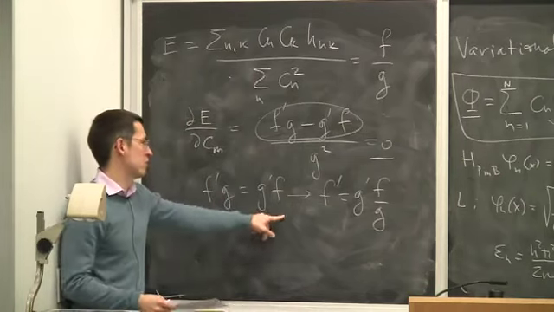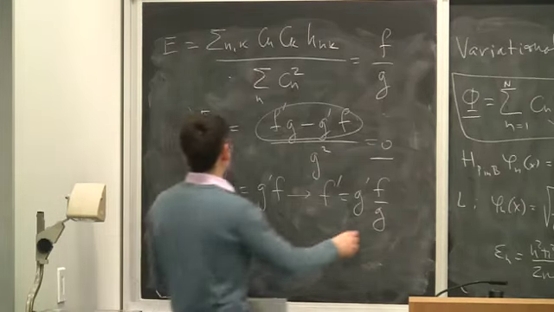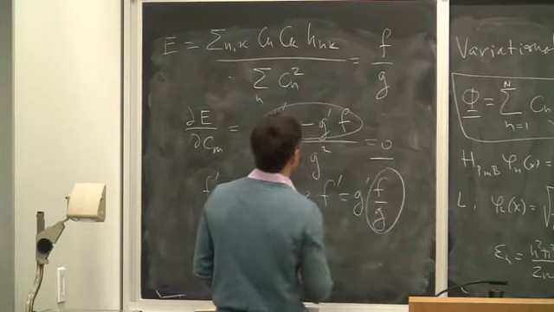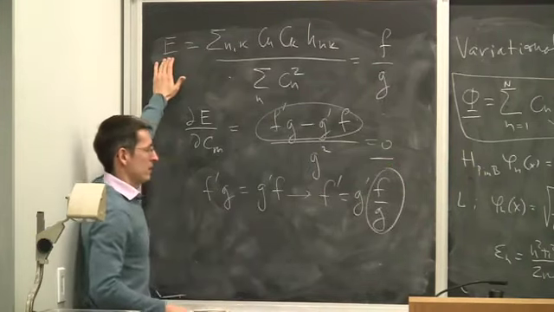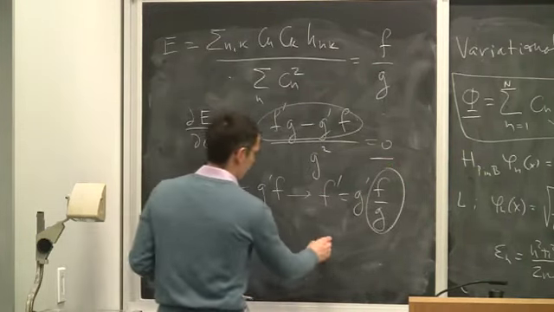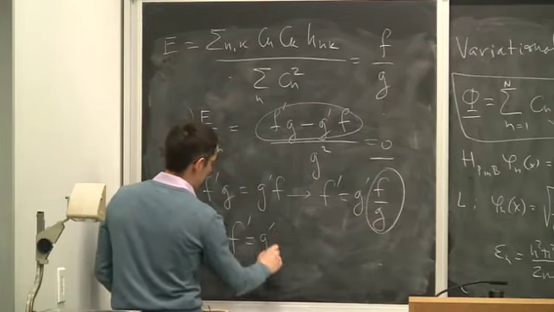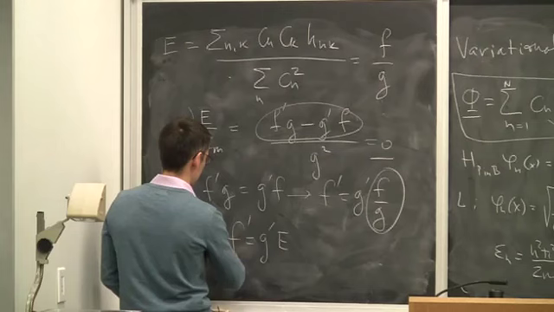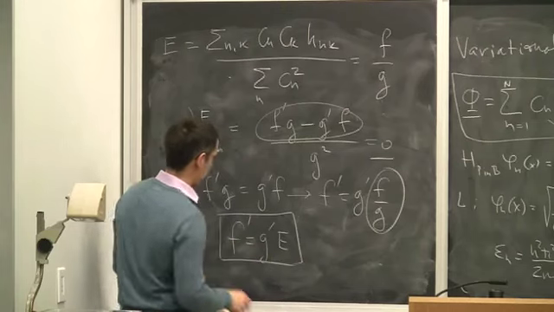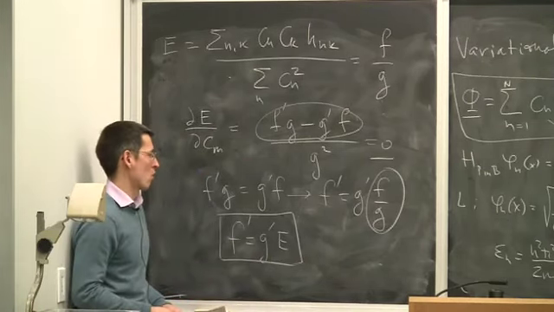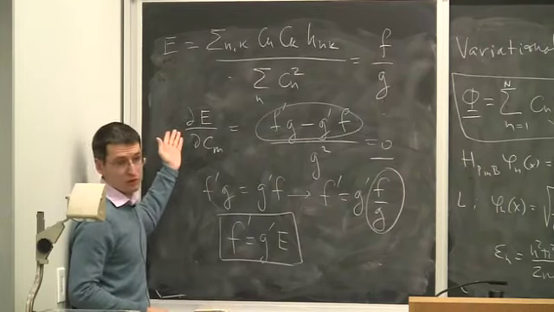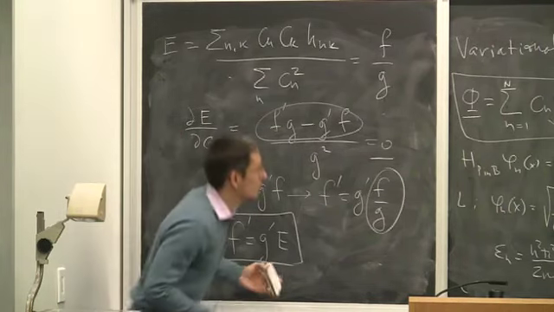We just move g to the other side. But f divided by g is our energy. So we can write that f prime equals g prime times energy. And that's the condition for the partial derivatives to be 0. Okay?